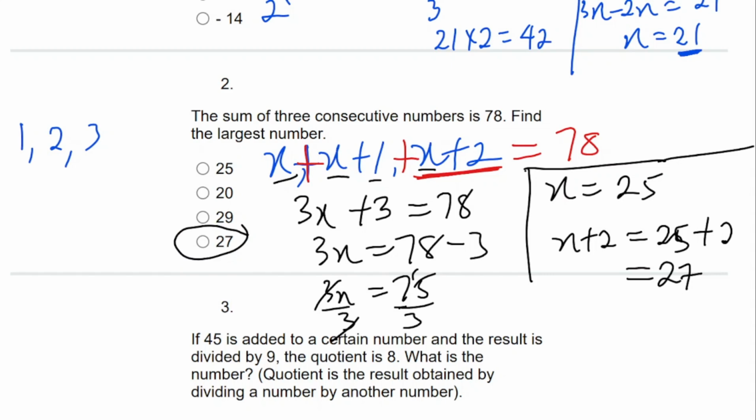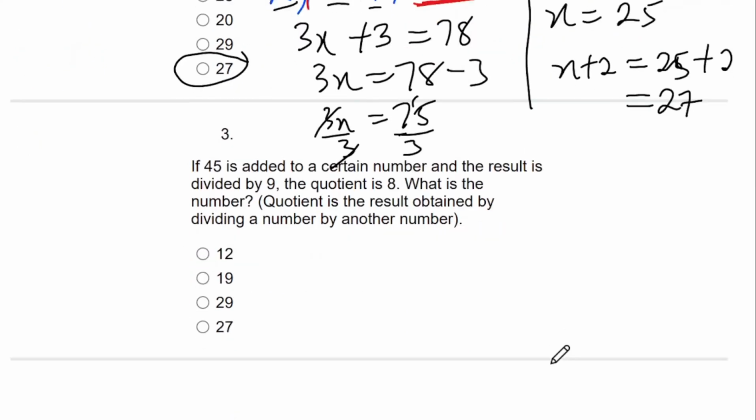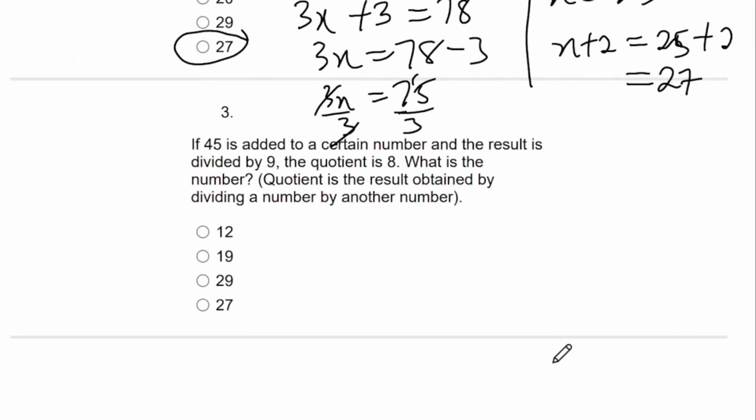third question. If 45 is added to a certain number, and the result is divided by 9, the quotient is 8. What is the number? They are now giving us a hint that quotient is the result obtained by dividing a number by another number.